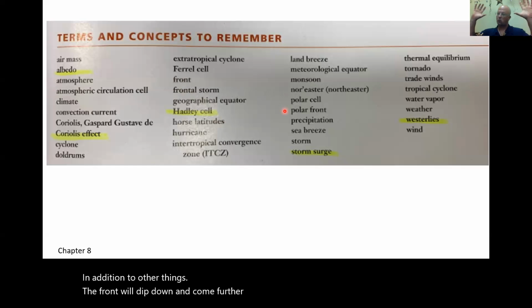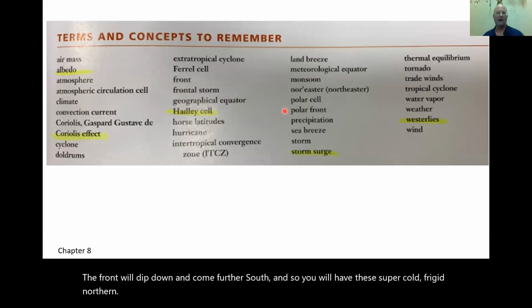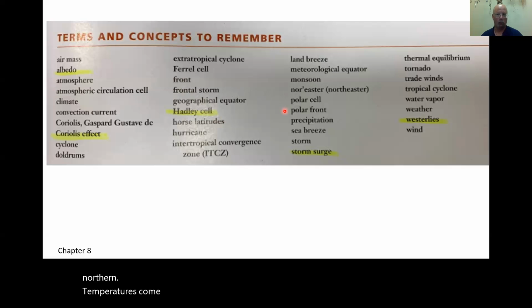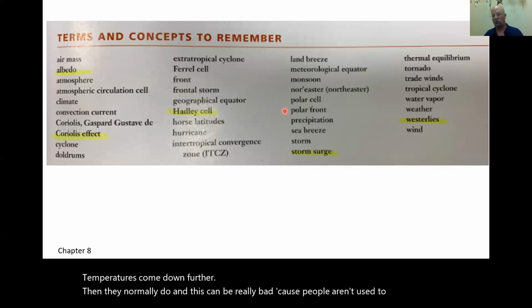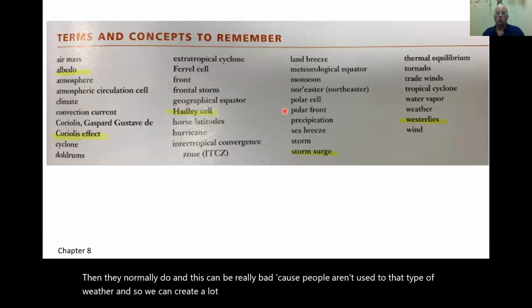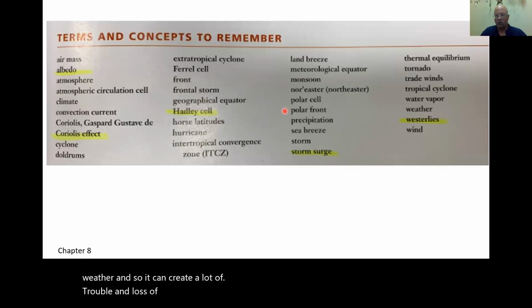So you'll have these super cold, frigid northern temperatures come down further than they normally do. This can be really bad because people aren't used to that type of weather, and it can create a lot of trouble and loss of life, food, crops and transportation. So polar fronts are something that's becoming more and more common.